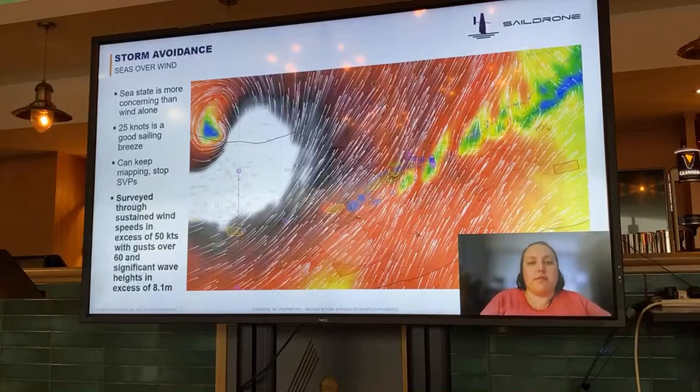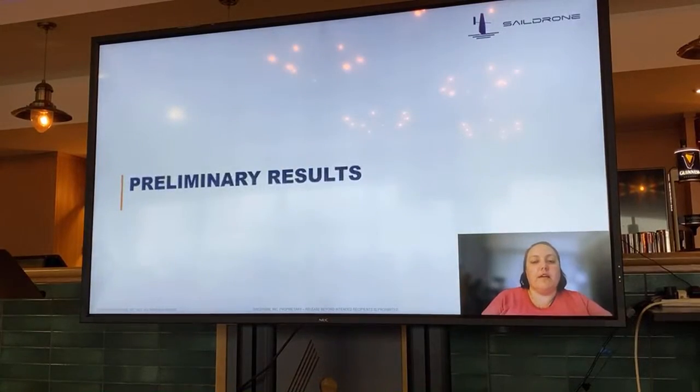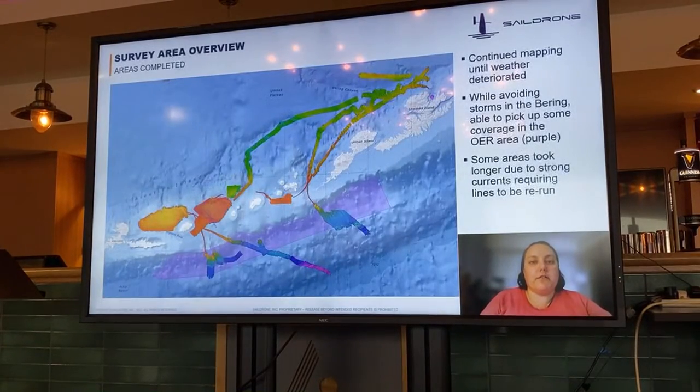Through these different evolutions, we can experience some pretty heavy rolls of the vehicle, which is our biggest safety concern. So this was a really great opportunity to test the ability of the surveyor to continue mapping in some very harsh conditions.